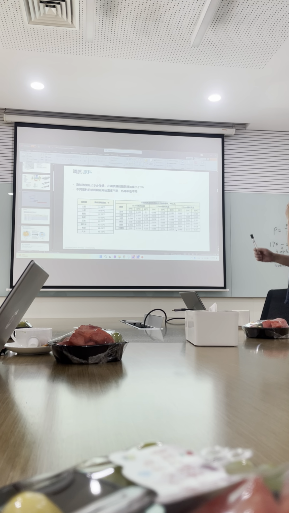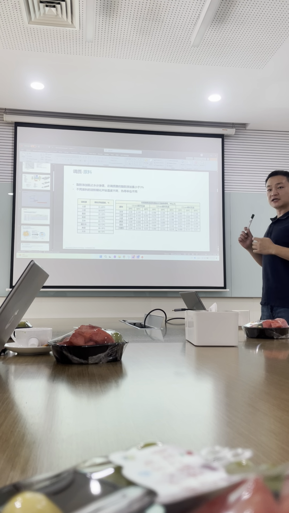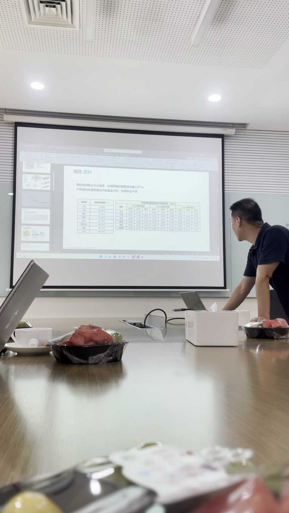Here you can see they have different thermal conductivity. This is for corn, and this is for sorghum, and for different ingredients.